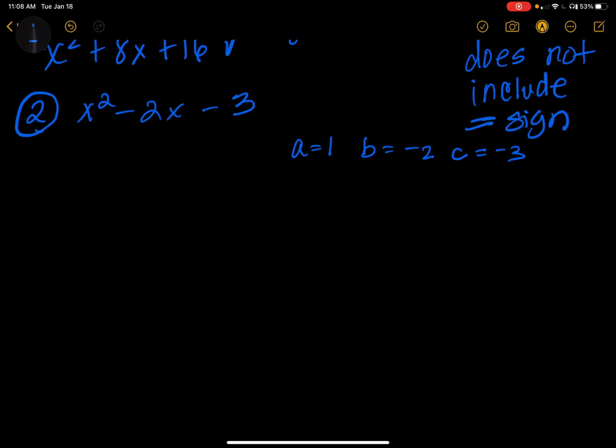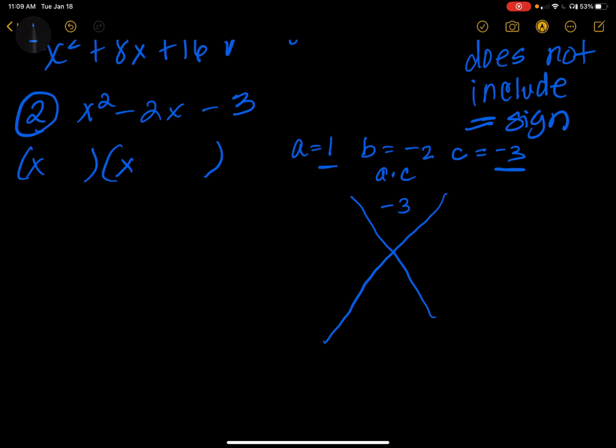So now our question is, what are the factors? So we know this is going to be x and x to get that x squared term. What are the factors of a times c, which is negative 3, simply 1 times a negative 3, that will add to be b, which is negative 2.